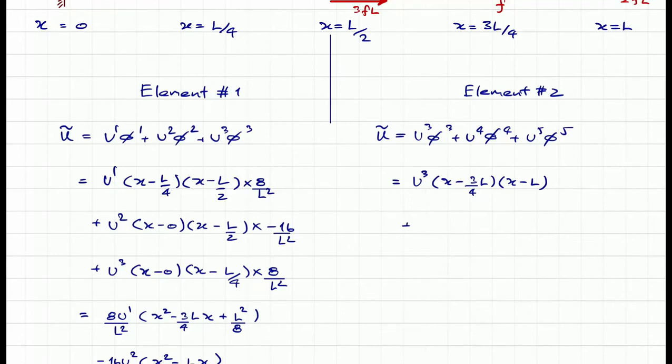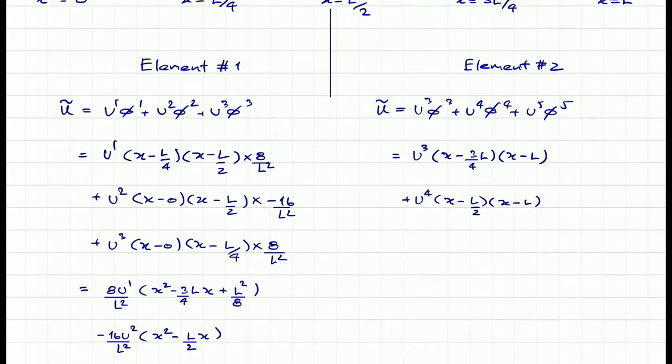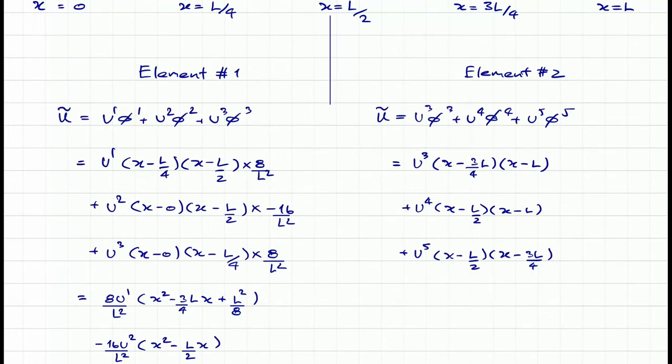And then plus u4 times x minus a half and x minus L. I will put in the coefficient a little later. So for the first one, this is going to be 8 over L squared. This is going to be minus 16 over L squared. It's going to be 8 over L squared.